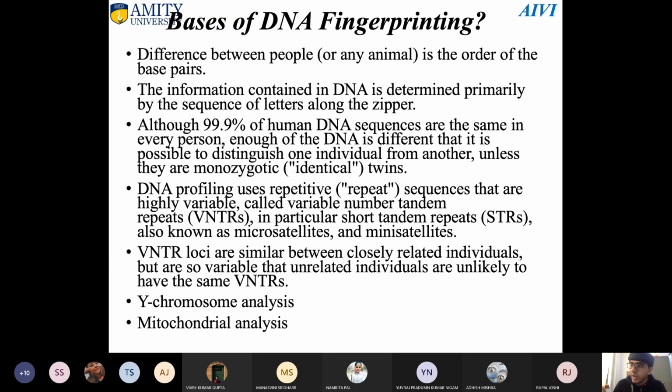The genome of two identical twins is 100% the same, so you can't distinguish them. But any other individuals, like you and me, our genomes differ by that 0.1%. So we can differentiate.